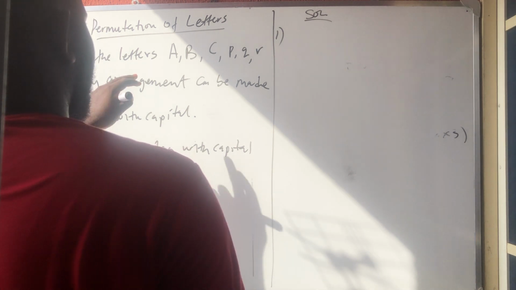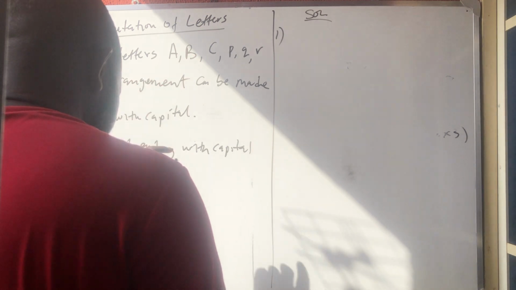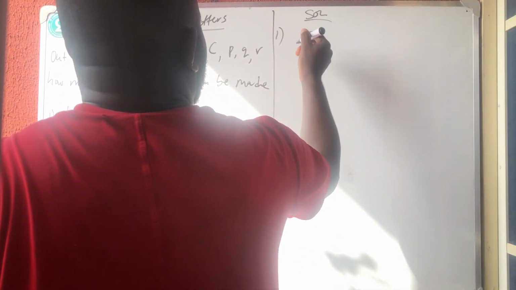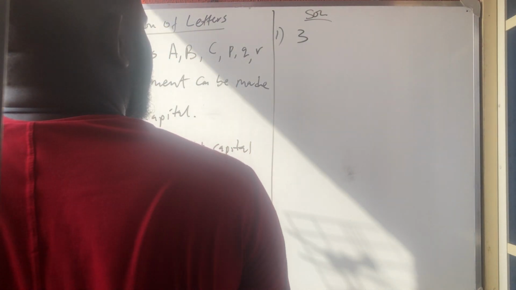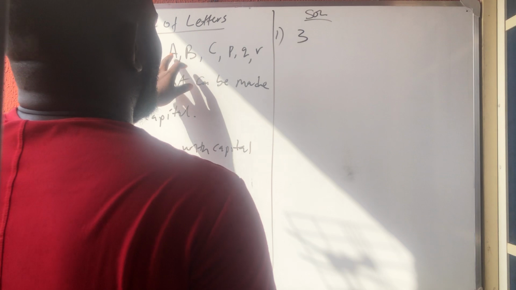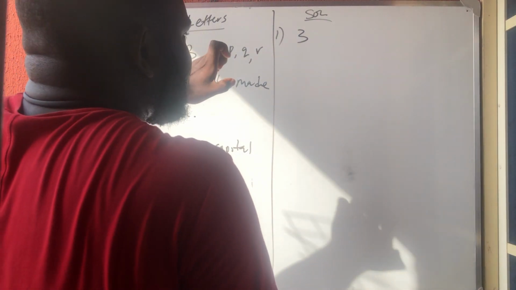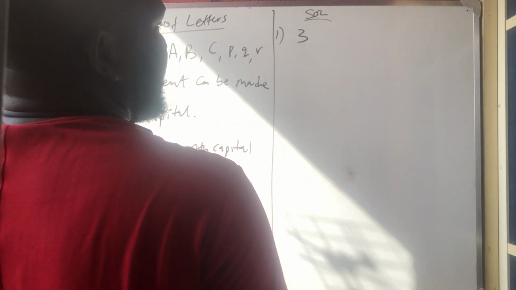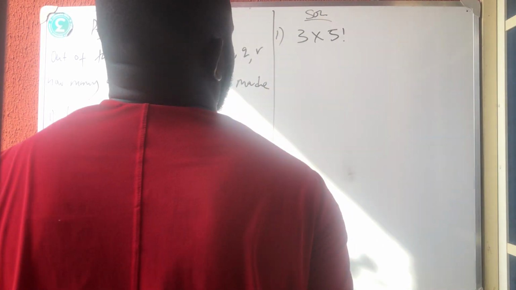I can begin with A, I can begin with B, I can begin with C. Now I have 3. These are the things I can begin with. But how many letters are we having? 1, 2, 3, 4, 5, 6. We have 6, but I have chosen the first one from these 3. So I've taken 1, so I'm now left with 5. So it's going to be times 5 factorial.